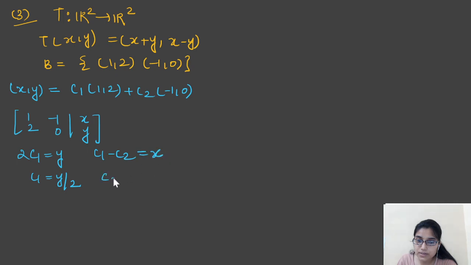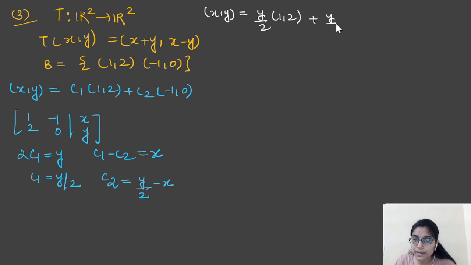So your c2 is going to be c1 minus x, that is y by 2 minus x. So you can write your member (x, y) as y by 2 times (1, 2) plus (y by 2 minus x) times (minus 1, 0). Fine, this is what you are getting.